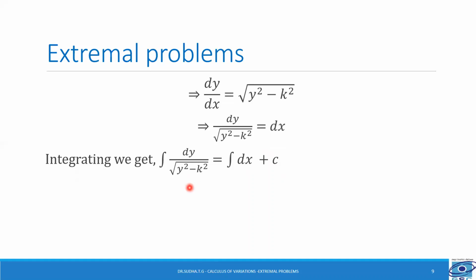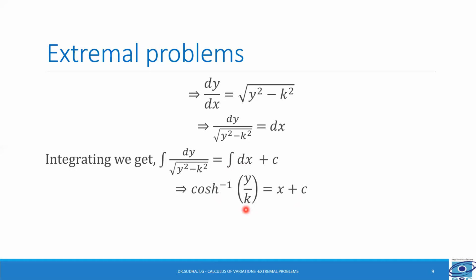The left hand side is in the standard integral form, that is integral dx by root of x square minus a square, and that is nothing but cos hyperbolic inverse of x by a. Here instead of x and a, you have y and k. So you get cos hyperbolic inverse of y by k equal to integral dx, which is x plus c.